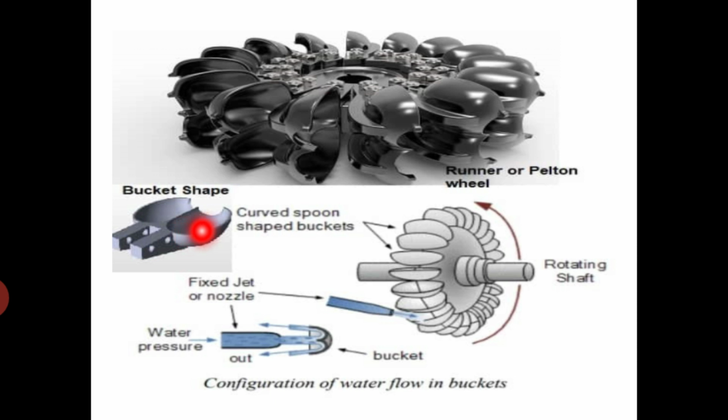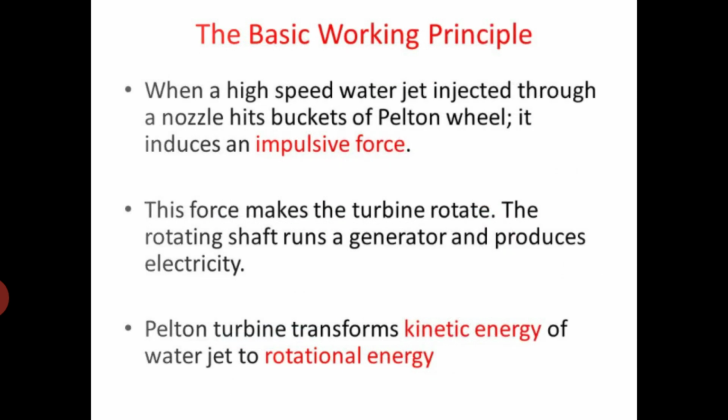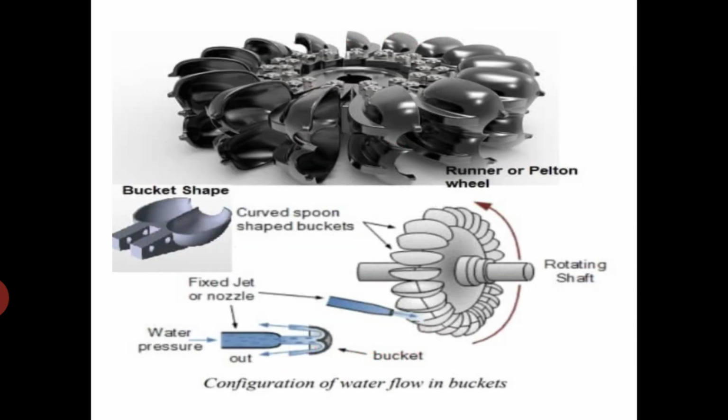This is the curved spoon-shaped bucket. Here the runner is coupled with the shaft. This is the rotating shaft, and this is the water pressure, and water is striking at the center of the bucket and deflecting. So this is the runner of a Pelton wheel.